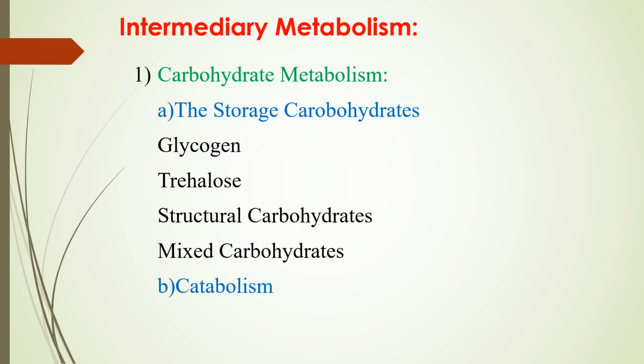Now, the next important part is intermediary metabolism. Metabolism in insects is specialized in relation to their evolutionary specialization, such as metamorphosis, flight, reproduction, diapause, and biosynthesis of silk and wax.